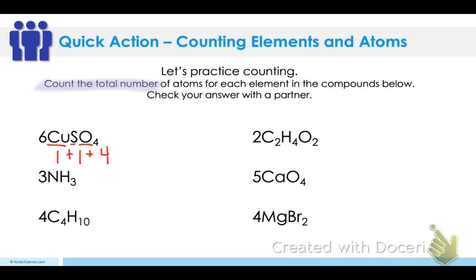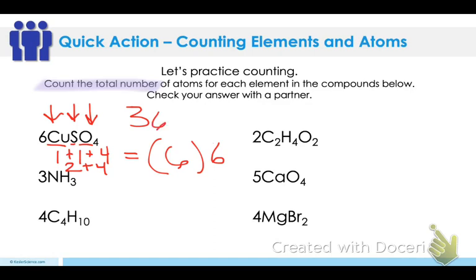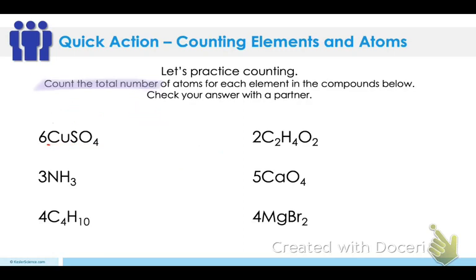So 1 copper, 1 sulfur, and 4 oxygen. I can add that together. So 1 plus 1 is 2. 2 plus 4 is 6. Multiply the whole thing by 6, and I get 36. Okay, that's the first way I can do it.